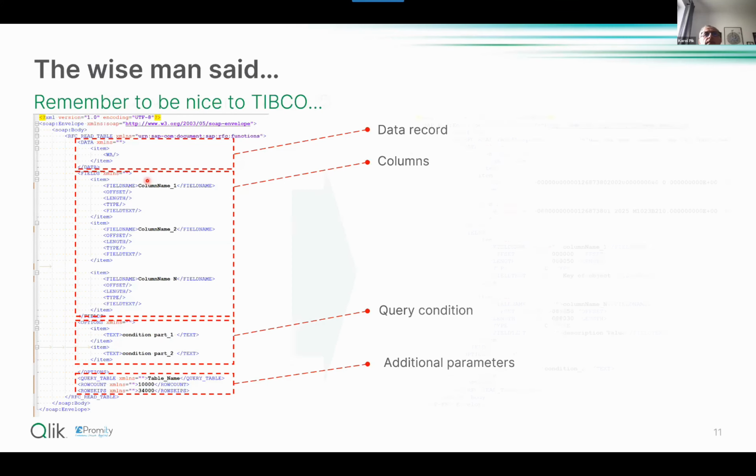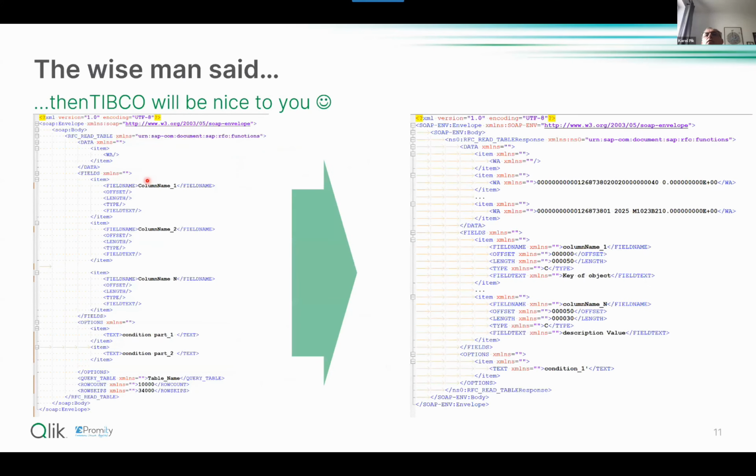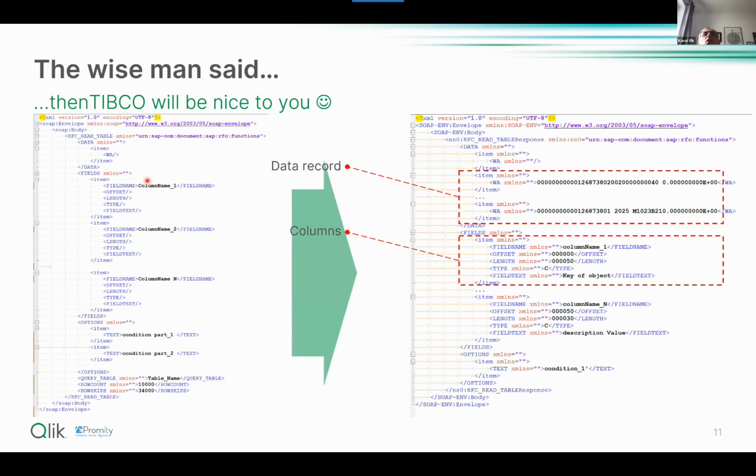And of course, the answer is structured as well. It consists of, again, some pieces of information. We have data records. Each data record is a single text line. We have the area which defines the columns received.